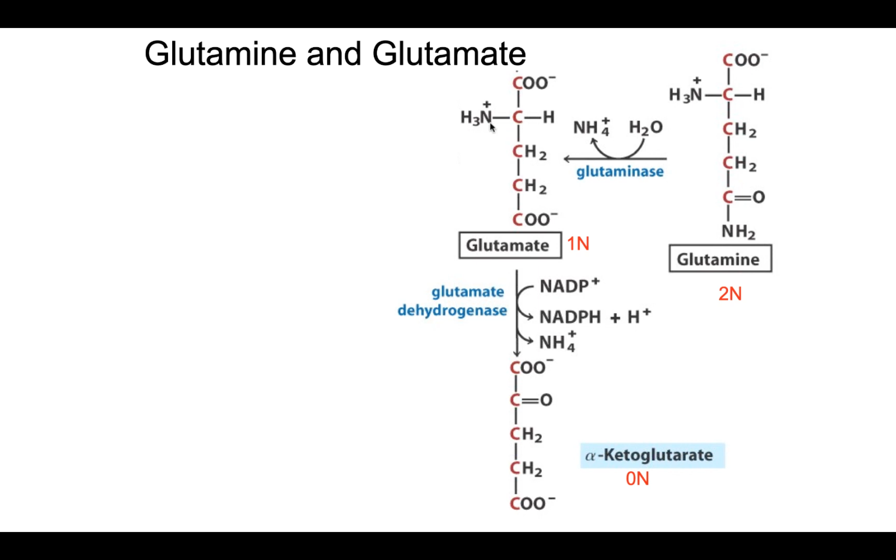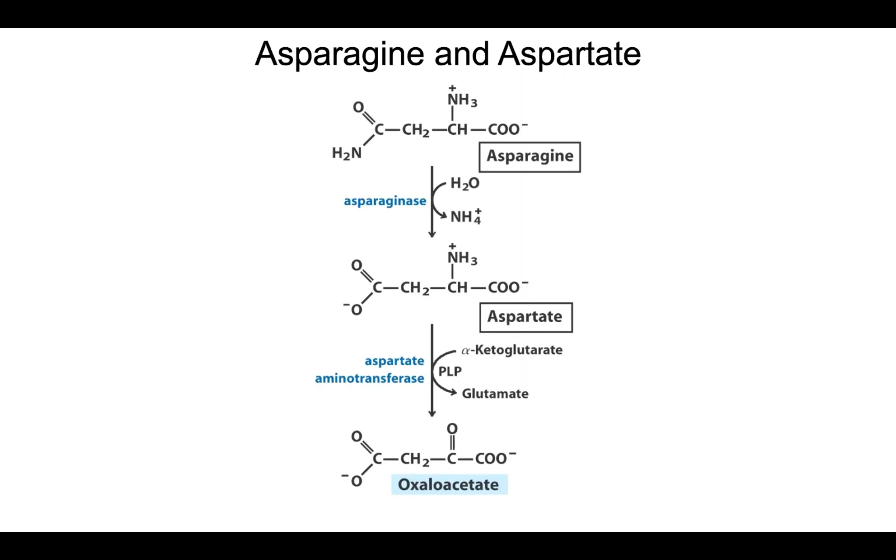Okay? And then glutamate, one reaction brings it to alpha-ketoglutarate. Asparagine and aspartate, one reaction necessary to convert asparagine into aspartate, and then yet another reaction to convert aspartate into oxaloacetate. In fact, this is a reaction we've already seen before.